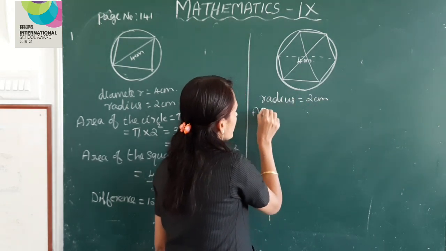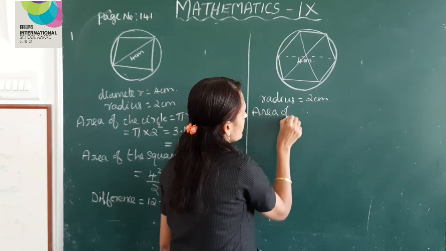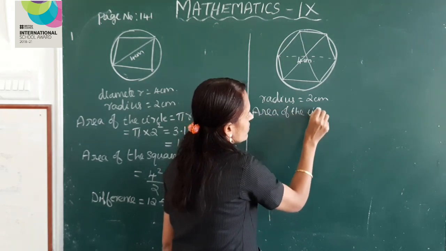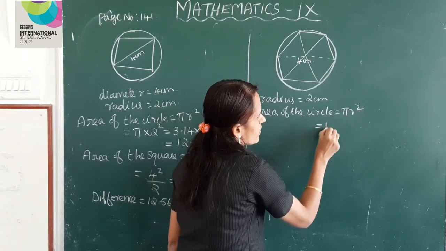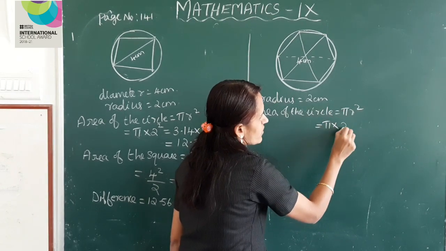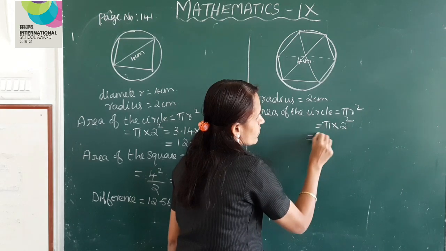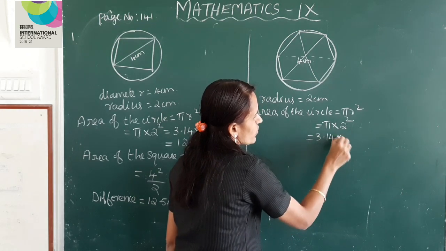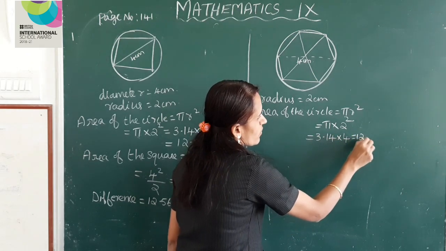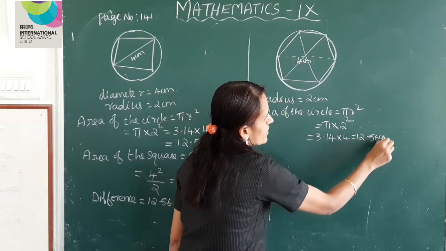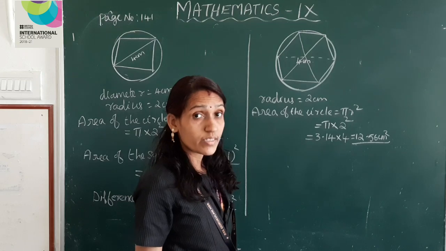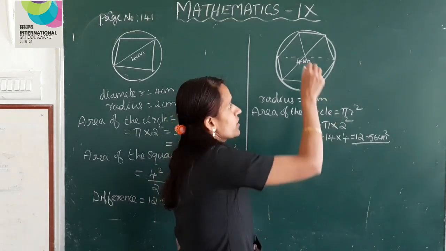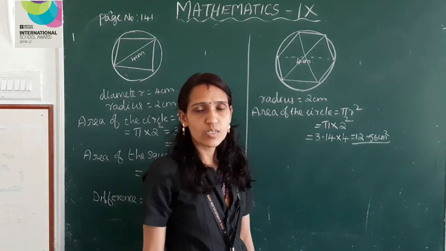So area of the circle is equal to pi r square. This is equal to pi into 2 square. This is equal to 3.14 into 4, 12.56 centimeter square. Okay.